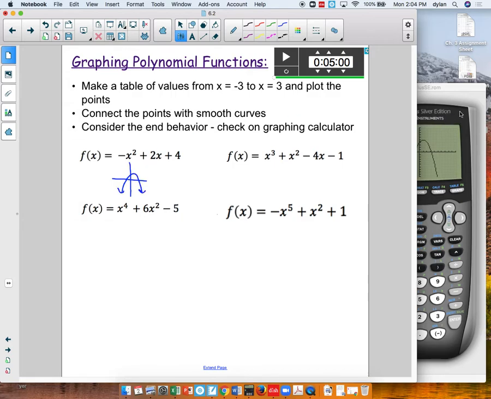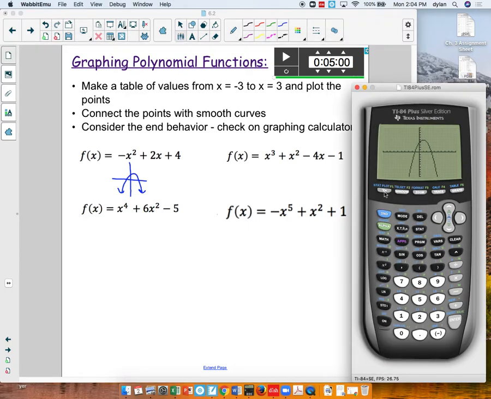So the next one is a cubic function. You may have a sense of this one as well, I'm not sure. So if we graph this one, x to the third plus x squared minus 4x minus 1, what you're going to notice here is that this function looks a little bit different.